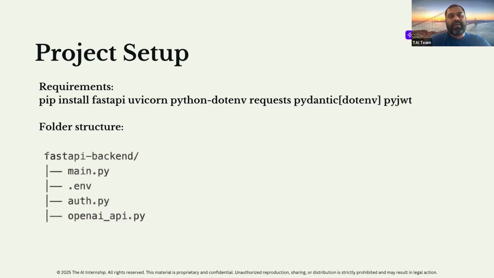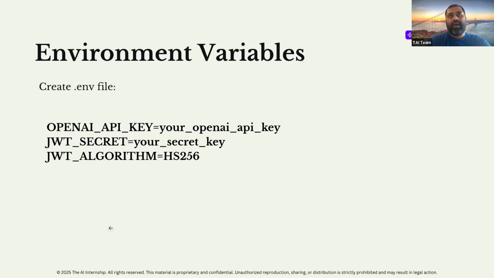First, I'm going to create the .env file. Within that, you'll usually have the OpenAI key, your JWT secret, and the algorithm that you're using to encrypt the data. For example, you can use HS256.